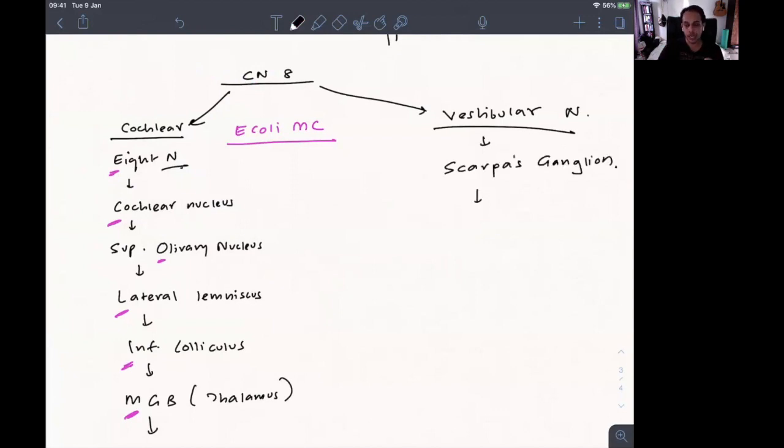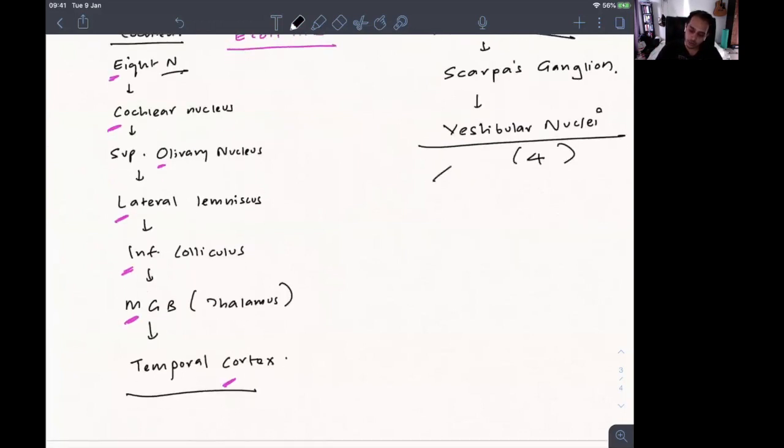After it passes through the ganglion of Scarpa, it will end up in the vestibular nuclei, because there are four vestibular nuclei within the brainstem at the pontomedullary junction. Those four are superior, inferior, medial, and lateral.